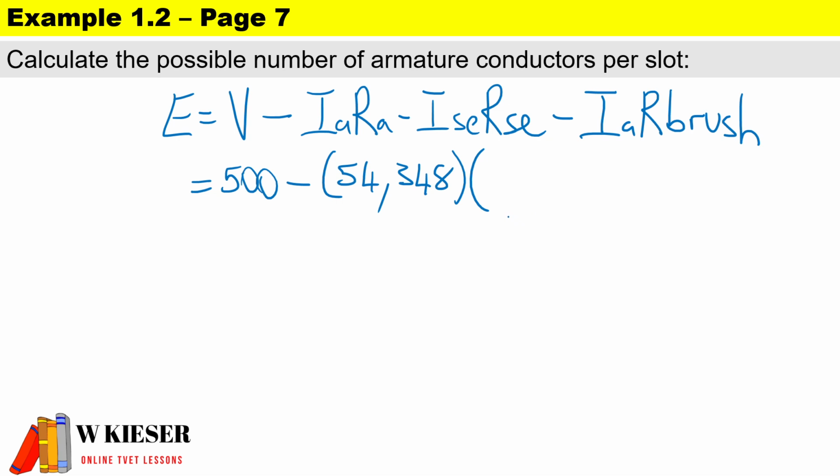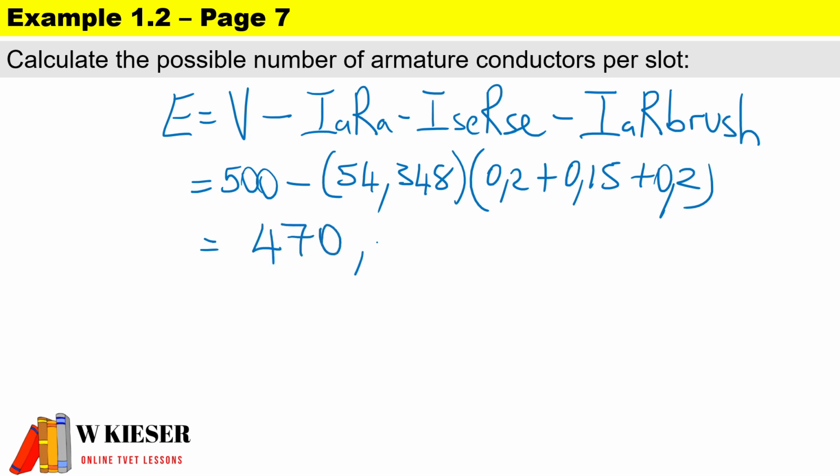So we have the armature and series field resistances of 0.2 ohms and 0.15 ohms. And then they've given us some additional information here, the brush contact resistance of 0.2 ohms. So that's what's going to be inside the bracket. And we can use our calculator and we find that the back EMF is going to be 470.109 volts.